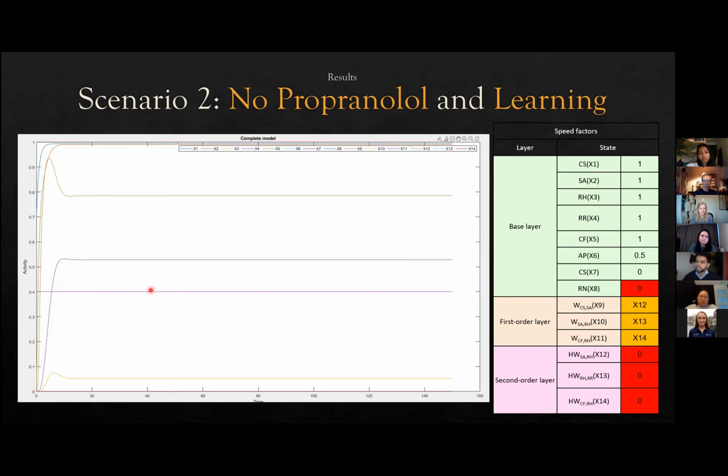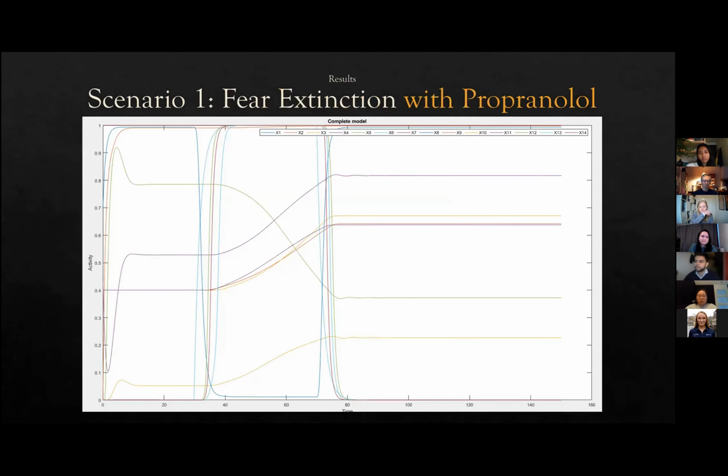So these are the Hebbian states, they just stay constant, and the second order layer also stays constant at 0. Here we can see that fear is clearly staying at a high level, and the hippocampus and prefrontal cortex are clearly not learning, contrary to the model here, where you can see the neural areas going up and fear going down.